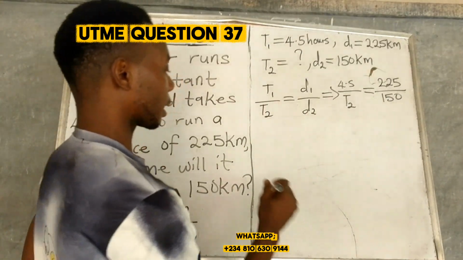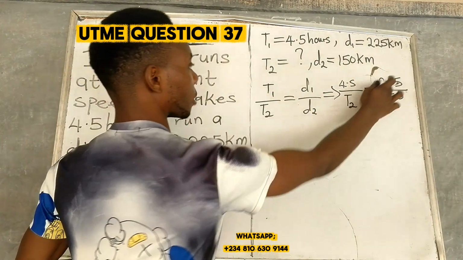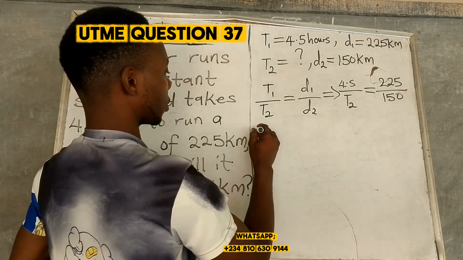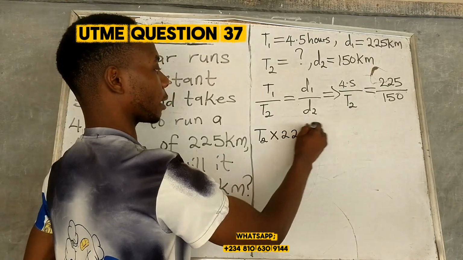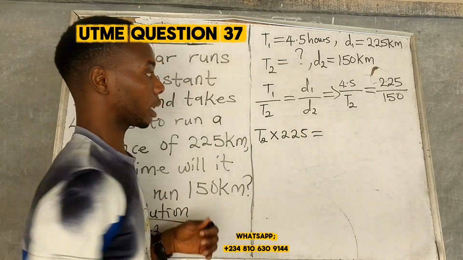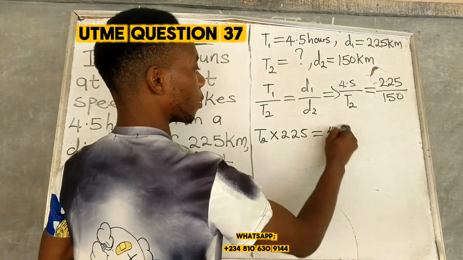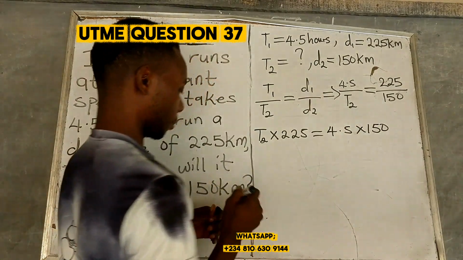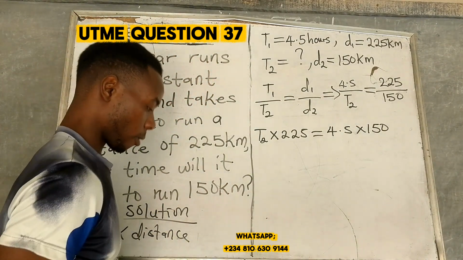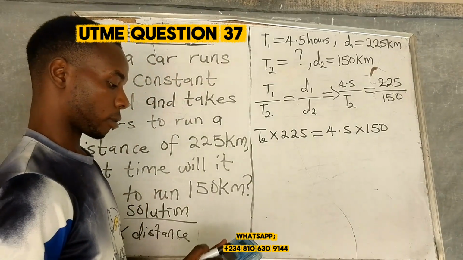You cross multiply, it will be time 2 multiplied by 225 equal to 4.5 times 150.